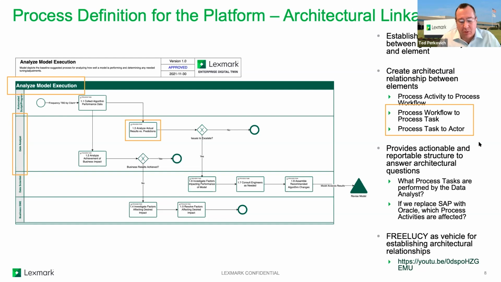We're establishing a link between the graphical component within Inspire and the element within the database. And we're also linking the elements together in the desired architectural linkages that we want to enforce and answer our architectural questions for. How does this work?